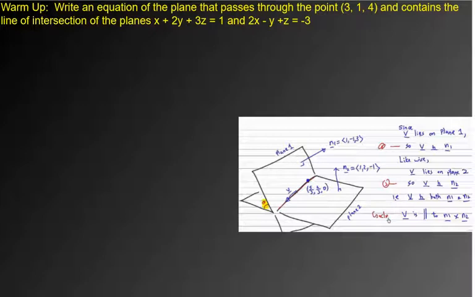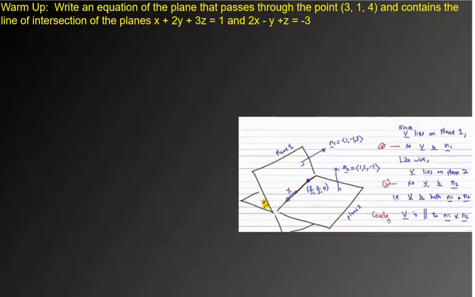But the idea is this line right here is in this plane down here, so it's perpendicular to that normal. And this line is also in that plane right there, so it's perpendicular to that normal. And the cross product is the tool that gives us the vector that is perpendicular to the other two. So we're going to do a cross product between the two normals to get one of our direction vectors.